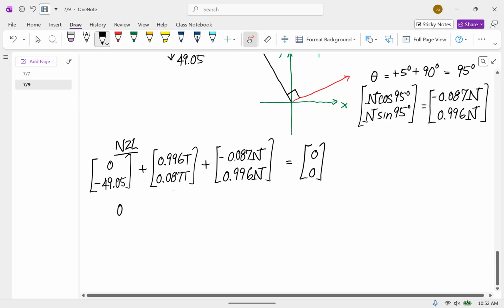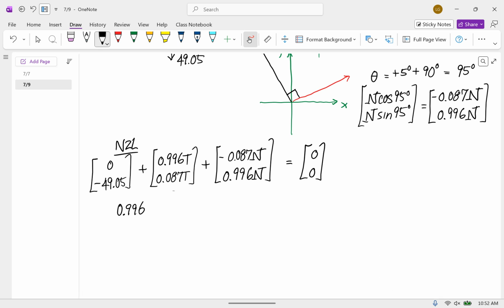Let's see. The first one says 0.996 t is equal to positive 0.087 n. And the second one says 0.087 t plus 0.996 n is equal to 49.05.